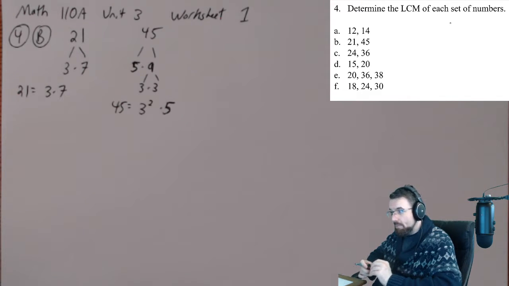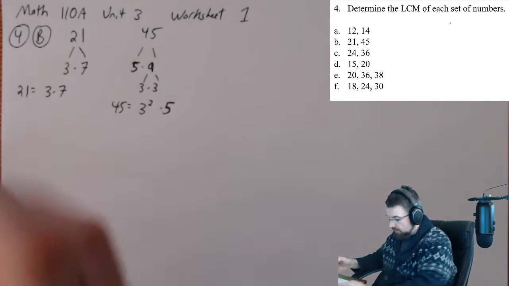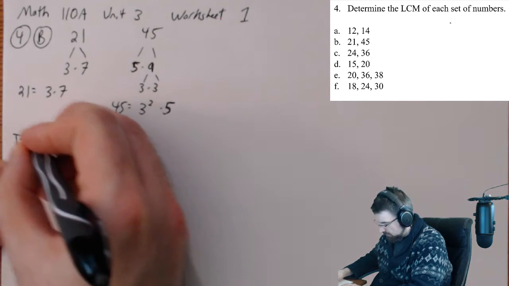So what we have to do is, for each number, okay, I'll write this out in words actually, so you have it here on your sheet as well when I send you these notes.